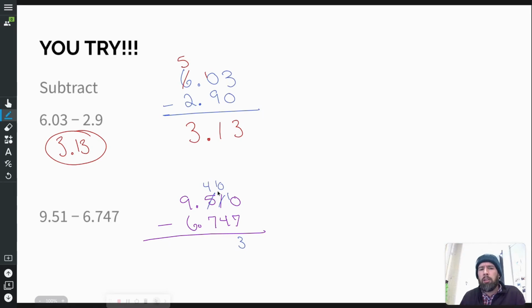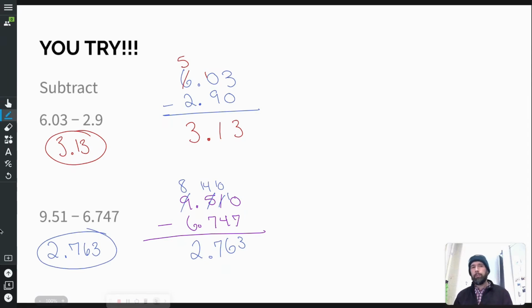Borrow from you, make you a 10. 10 minus 4 is 6. 4 minus 7 can't do it. Borrow from you, make you a 14. 14 minus 7 is 7. 8 minus 6 is 2. Drop down the decimal. 2 and 763 thousandths.